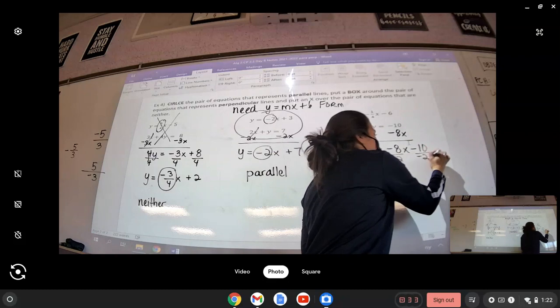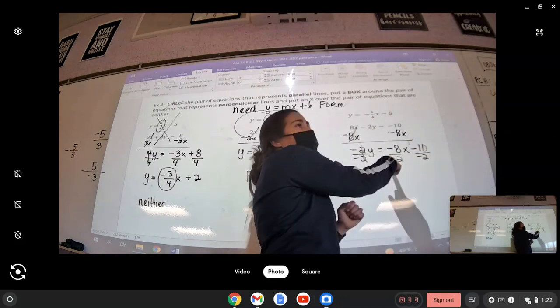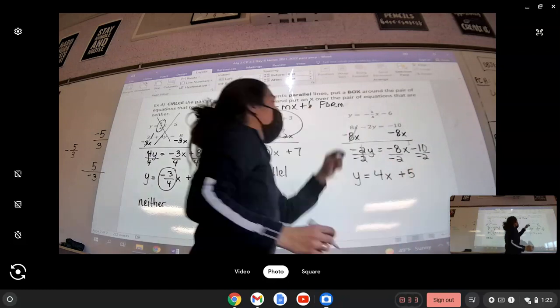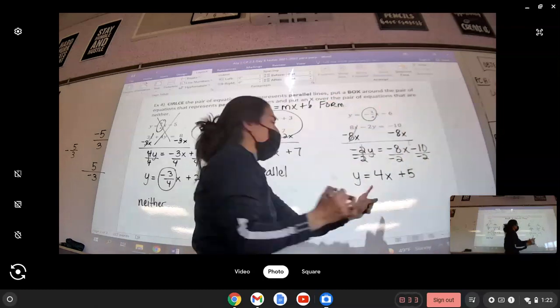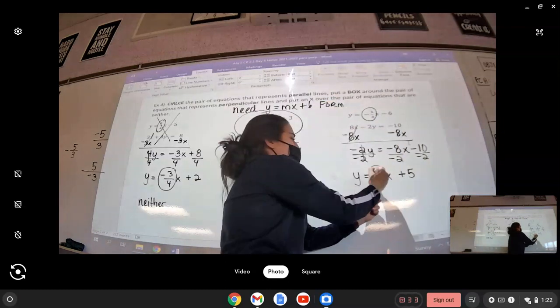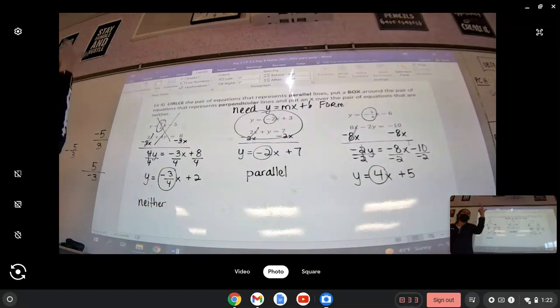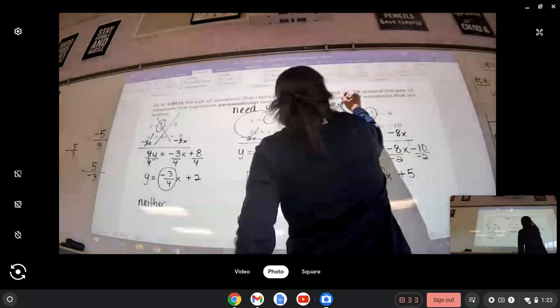Make sure you divide and reduce everything. And you get y equals, what's -8 divided by -2? 4x and then plus 5. All right, who's the slope of the line we didn't have to touch? Nice. And who's our slope down here? 4. Clearly they ain't parallel. They are not the same. But are they the opposite sign and reciprocal? We got ourselves perpendicular, so we're putting a box.